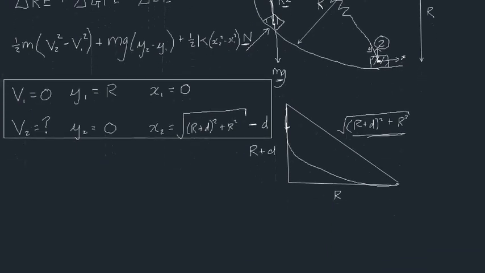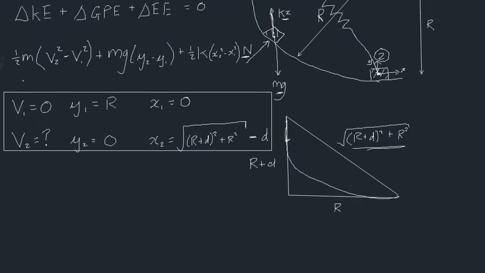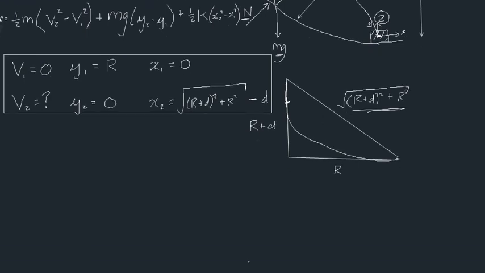Let's see if we can evaluate our expression a little bit more, noticing that this entire expression is going to be equal to 0. Let me write out the right-hand side first. That'll be a half times your mass of your block times v2 squared. We don't know what that is, so I'll leave it as v2 squared minus v1 squared, which is 0 squared, plus mg times y2 minus y1, which is 0 minus r, plus a half k, our spring constant, times x2 squared minus x1 squared.